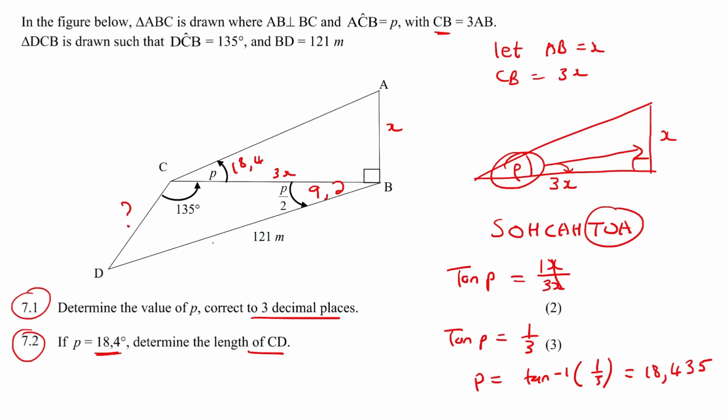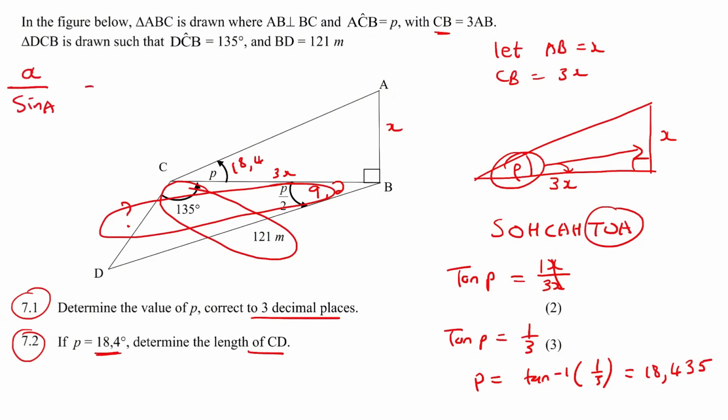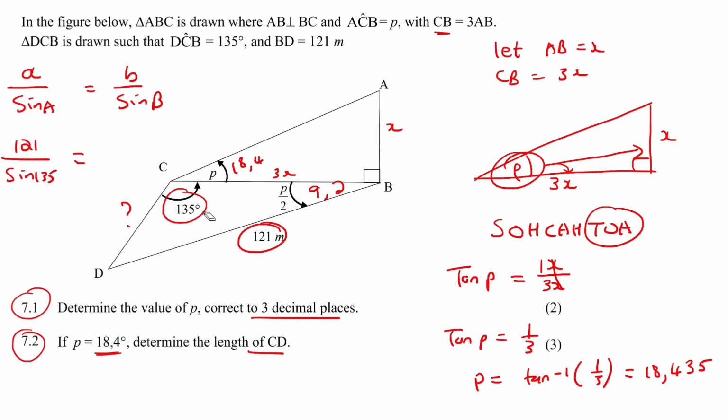So that's easy. That's a Sine rule question because here we've got opposites, and then here we can also use opposites. So you know the formula A over sin A equals B over sin B. Well, we're going to use it as 121 over sin 135. See, 121 over sin of 135 equals to CD over the sin of its angle, which is 9.2.